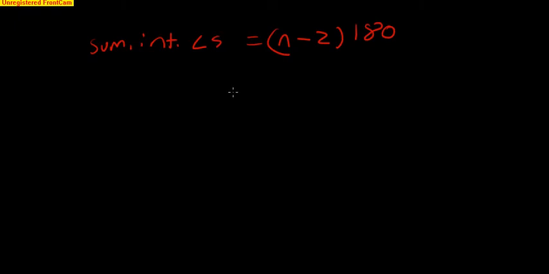We also know that the sum of the exterior angle measures is always going to be 360 degrees in a convex polygon. So for convex polygons, the sum of the interior angle measures is n minus 2 times 180, and the sum of the exterior angle measures is 360 degrees.